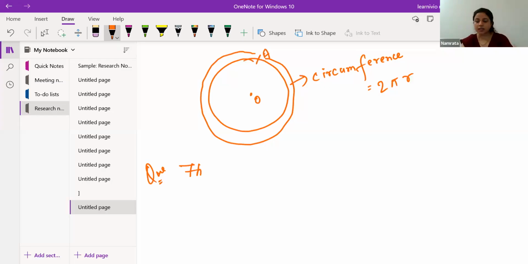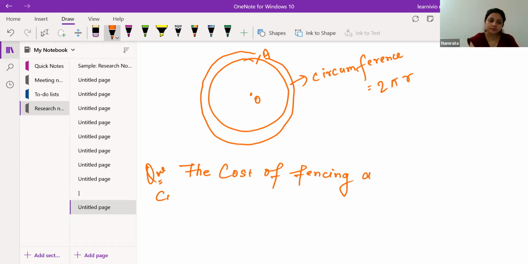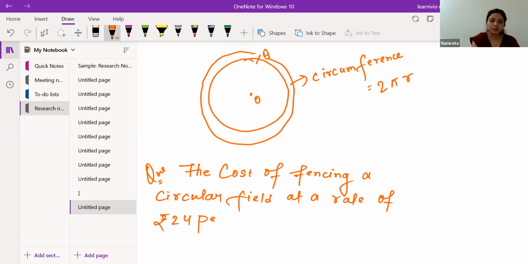Okay, so I was saying the question is: the cost of fencing a circular field at a rate of ₹24 per meter is ₹5280.